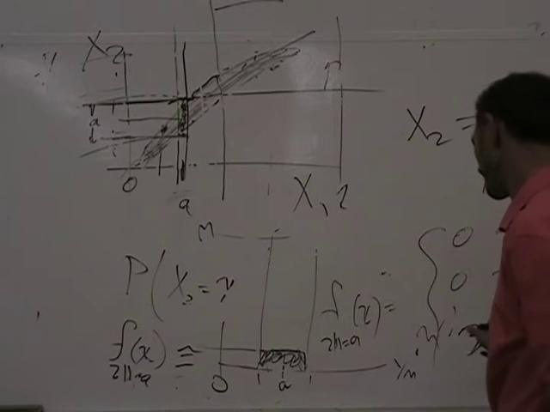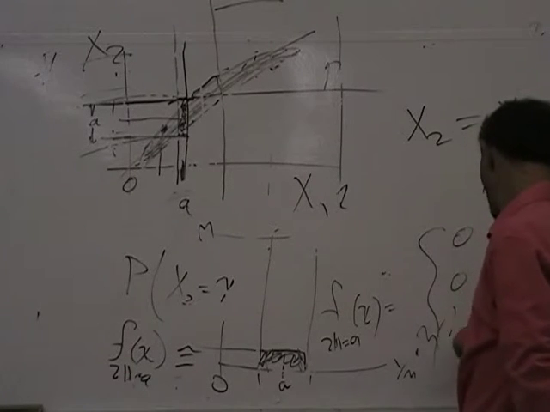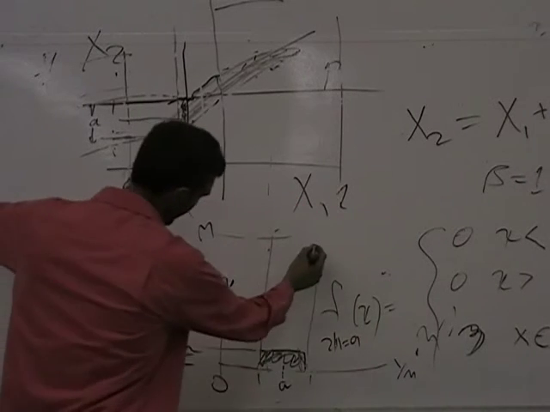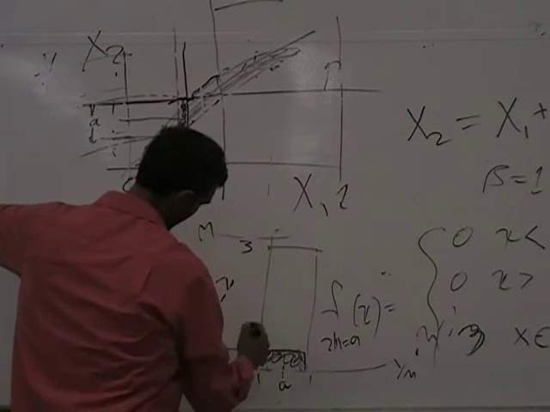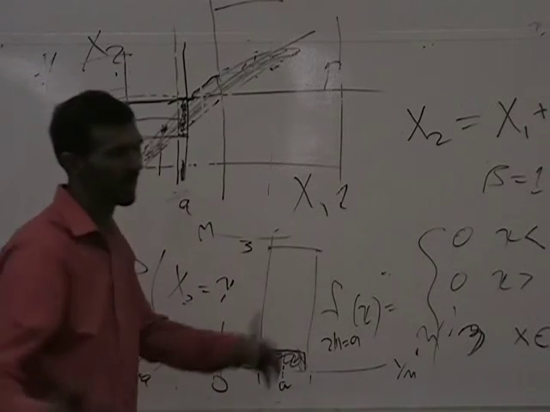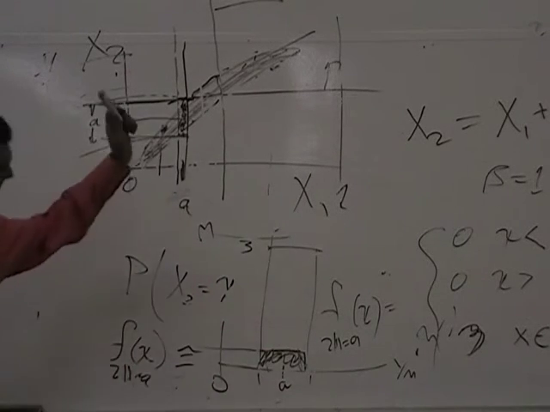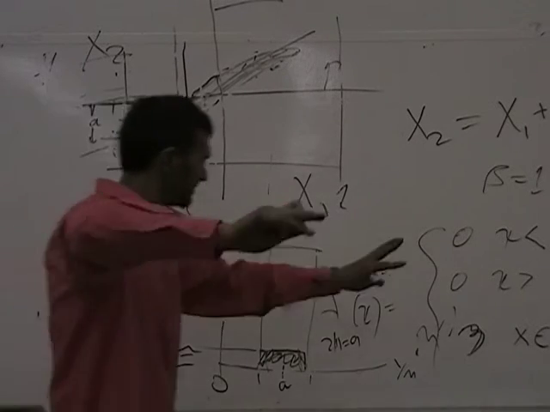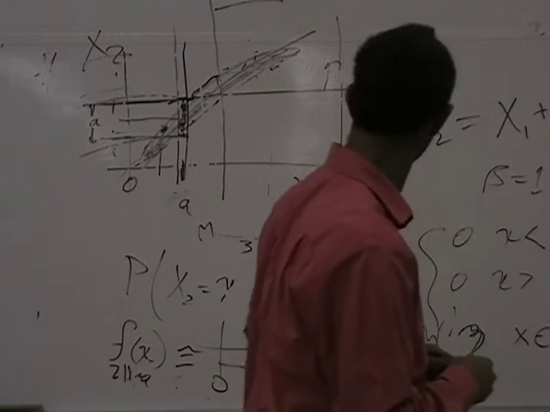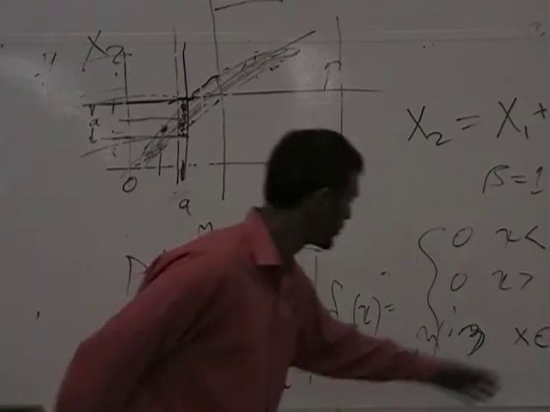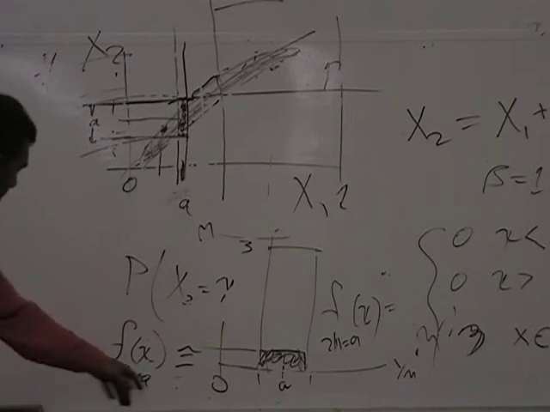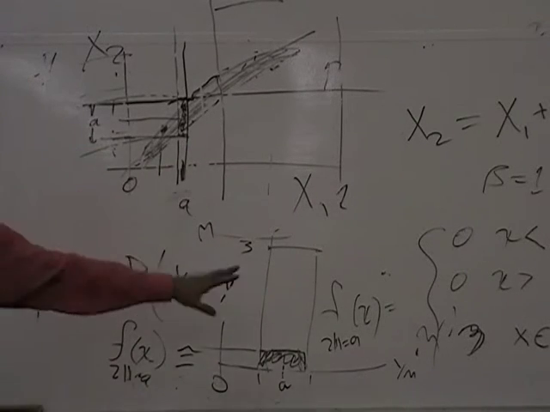It takes on value of 3 on this short interval. Why am I confused? 3. Oh, because it's short enough. Okay. Forget it. I'm confusing myself. So you could write down the function if you care to. Picture works better.